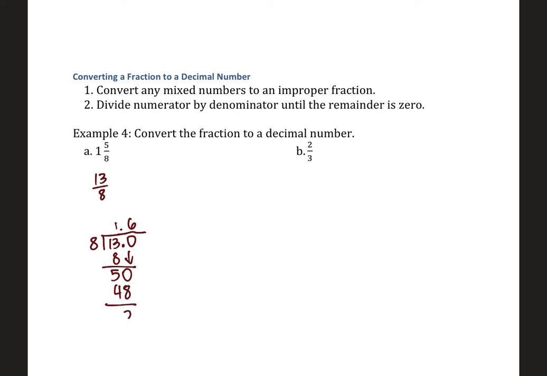We have 2 right here. Bring down that 0. 20 divided by 8 is 2. We have 16, remainder 4, 1 more 0. 40 divided by 8 is 5, which is 40. Remainder 0. And then your answer here is 1.625.